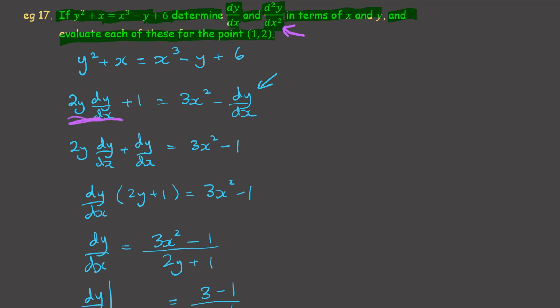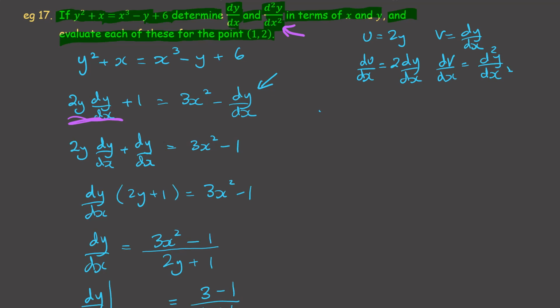So this is a product, and so what we get there is u is 2y, v is dy/dx. So du/dx is going to be 2 dy/dx, and dv/dx is going to be d²y/dx². That's what you get when you differentiate dy/dx. And that's the only product.